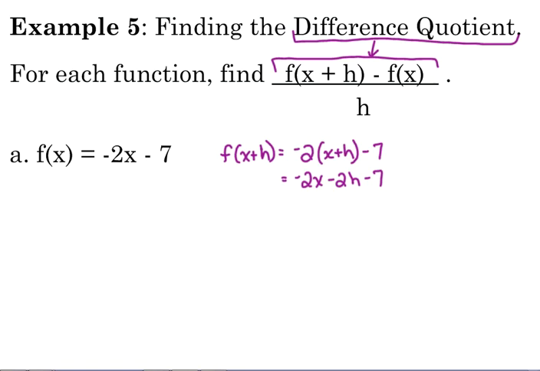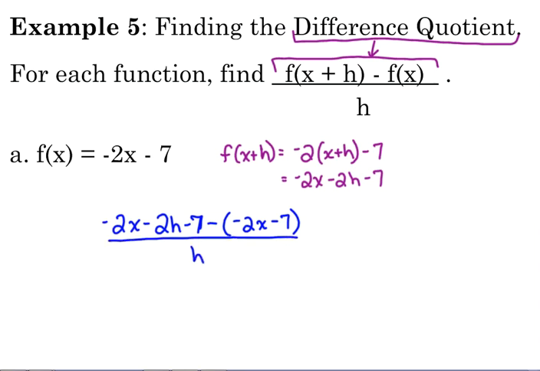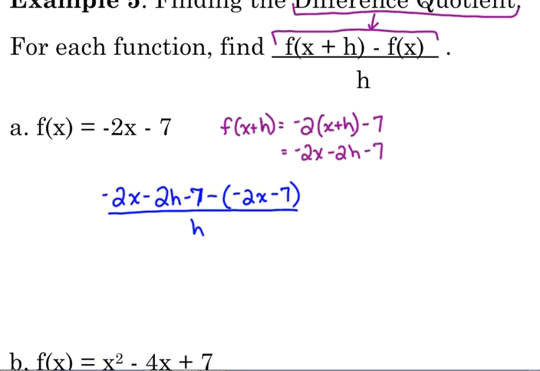So the difference quotient says take f of x plus h, that's what we just found, minus f of x. F of x was the original expression. Now because of that minus, I need to put that expression in parentheses because I need to apply that negative. And it's all over h. So let's do some simplifying. We've got negative 2x minus 2h minus 7.